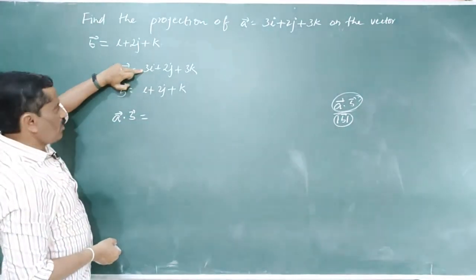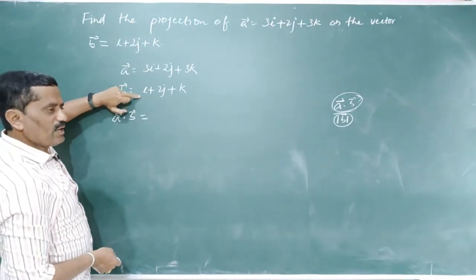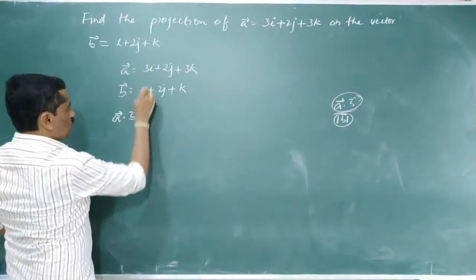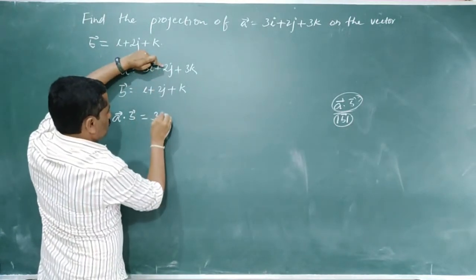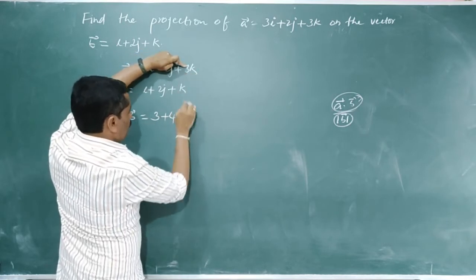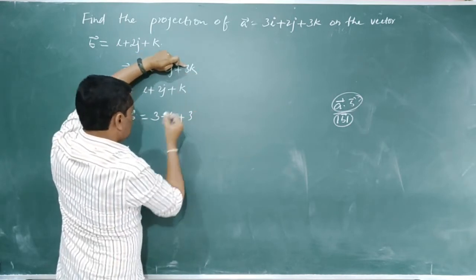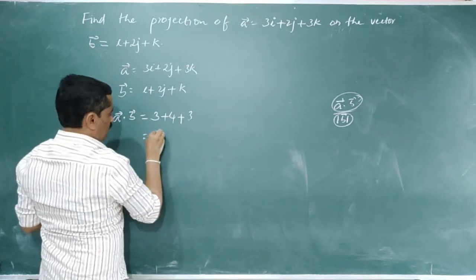the sum of product of corresponding scalar components of the two vectors, that is 3 into 1 we have 3, again 2 into 2 we have plus 4, again plus 3 into 1 we have 3, that is equal to 3 plus 3 is 6, plus 4 we have 10.